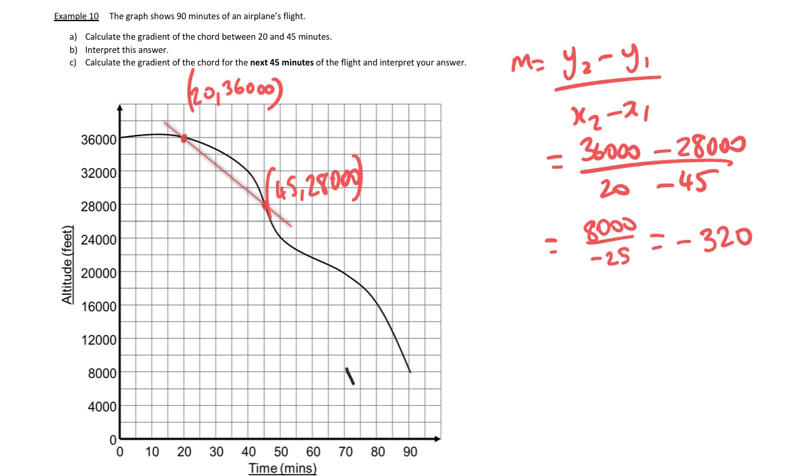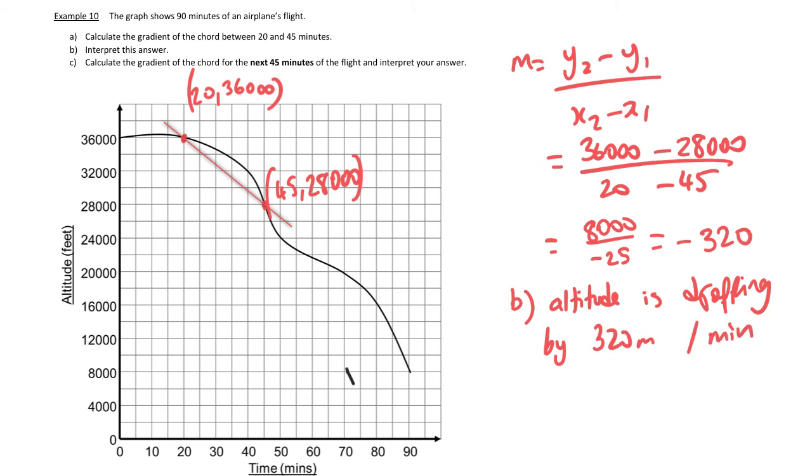So what that tells us in part B is that the altitude is dropping by 320 feet per minute. So because it was a negative gradient, that means the altitude is decreasing. And even by looking at the graph, we can see that the graph is generally sloping down. So that means the altitude is decreasing.